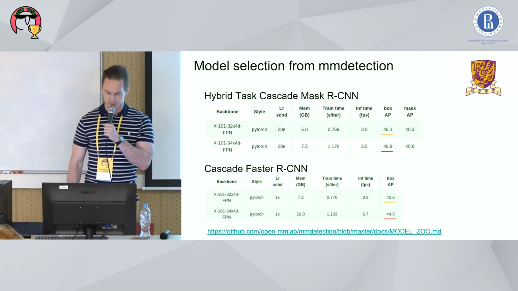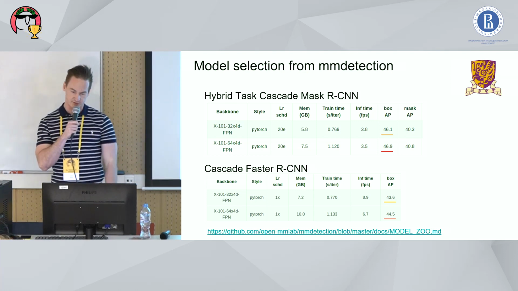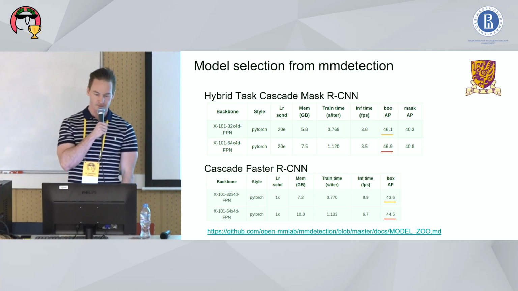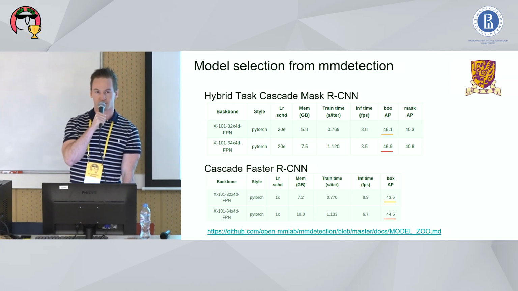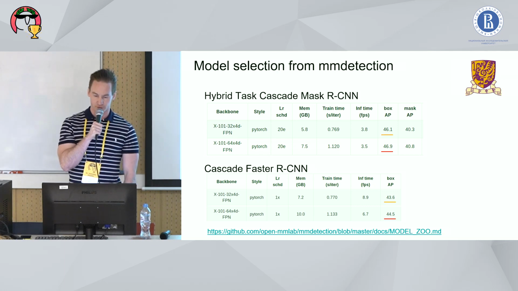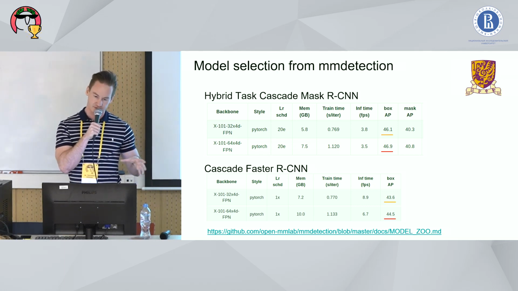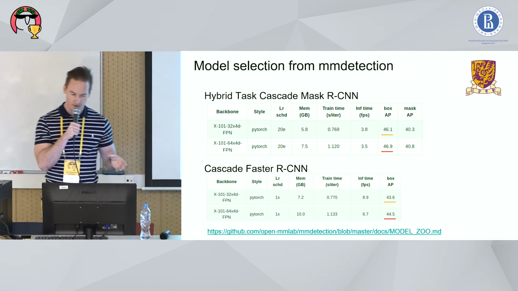About model selection. As I mentioned, I used annotation, and there are two ways to approach this competition. You can start from the detection and then make the mask for the instance segmentation task.